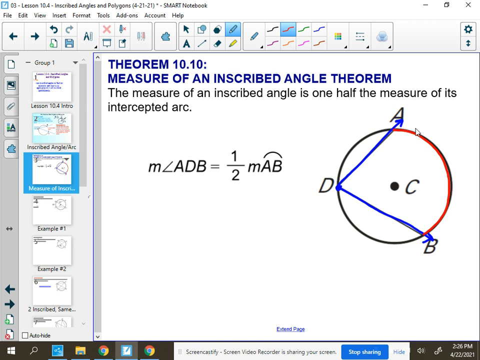So if the arc measure is 100, the angle measure is 50. The other way to say it, which we wrote in class, is that the intercepted arc measure is twice the angle measure. So if this is a 70-degree angle, the measure of arc AB is 140 degrees.